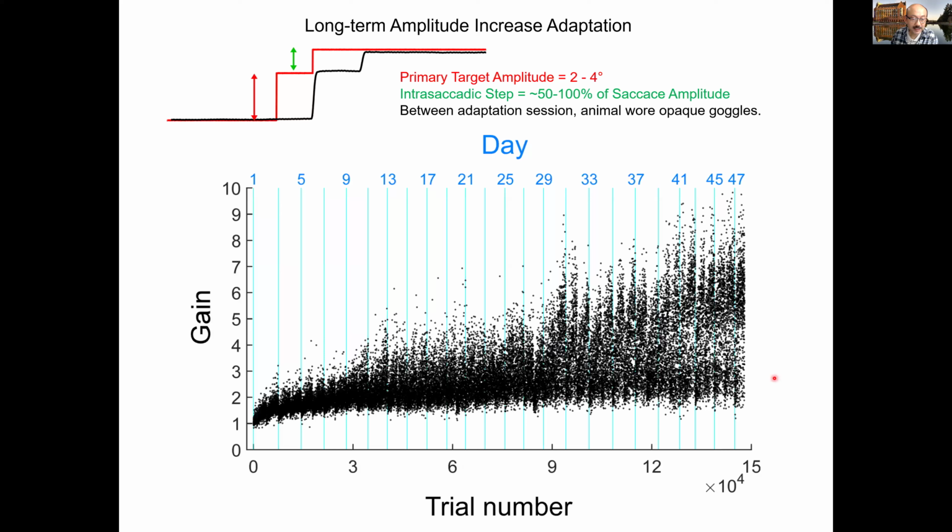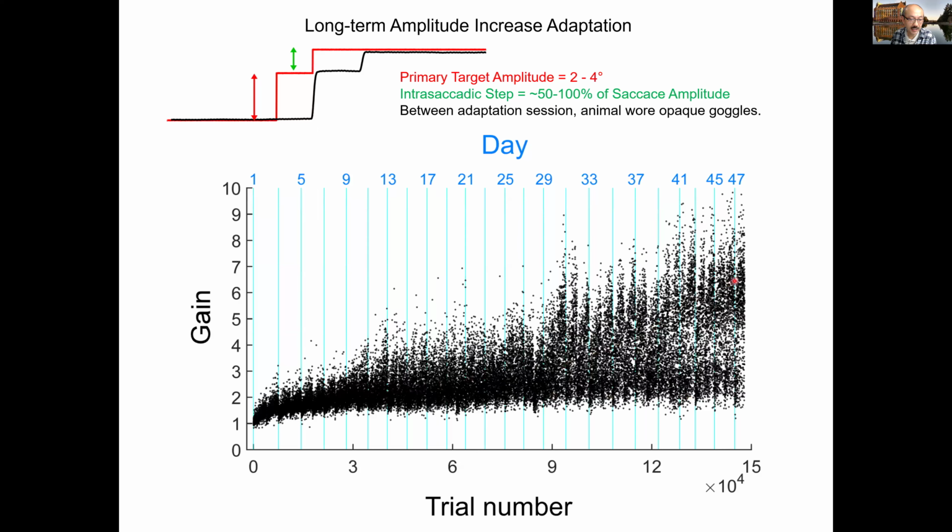we start seeing that there are 2 kinds of saccades, because the distribution of the gains becomes bimodal, as you can see here. In the first kind, the gain saturates at about 2 or 2.5, and we call those low gain adapted saccades.